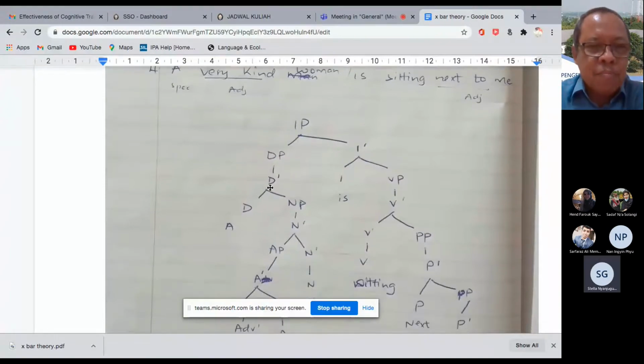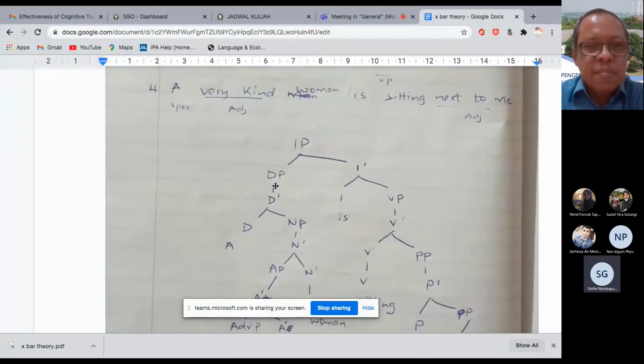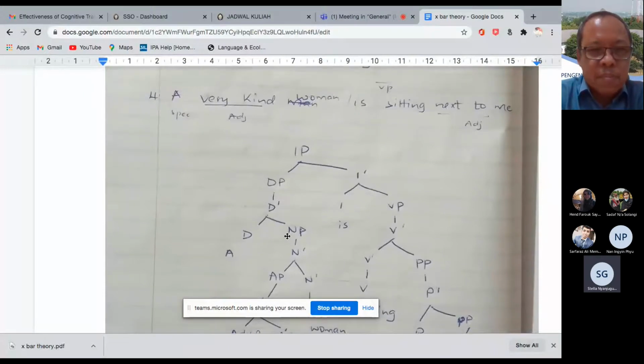This branches into the D bar. The D here I thought could be "a". Then because I thought the woman could be the head here, because you cannot have "very kind" as the head, I took that as the noun phrase.